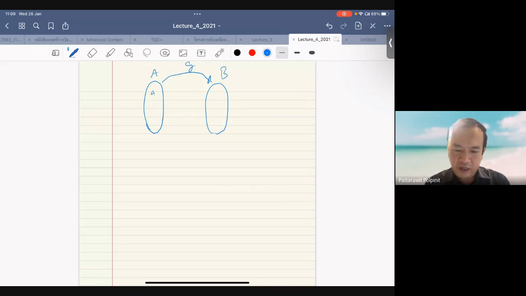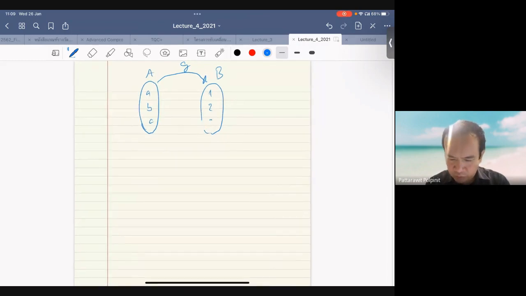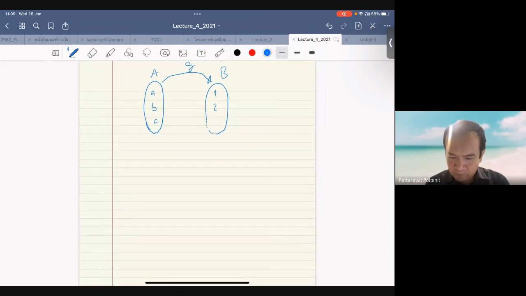This one is A, B, C, 1, 2, 3. Okay, let's say 1, 2. Let's say that A is mapped to 1, B is mapped to 2. The question is, is g an onto function?